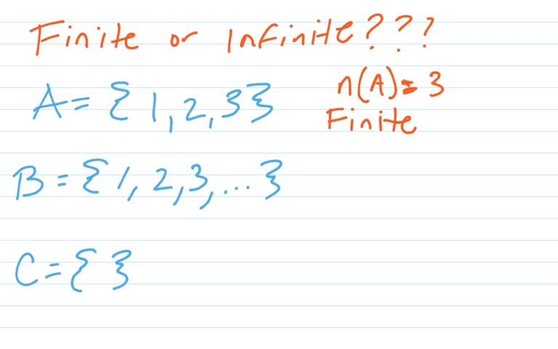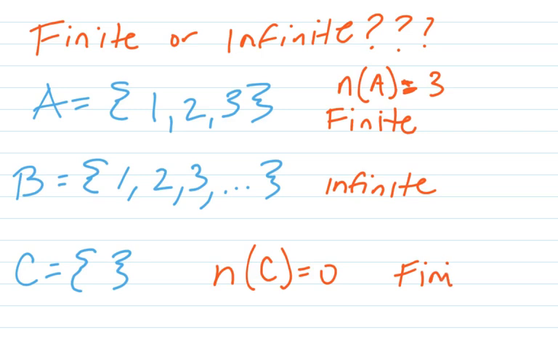The ellipses at the end implies that this is infinite. And then C is equal to the empty set. The empty set has 0 elements. So therefore, this is finite. Okay. So finite versus infinite, hopefully, is a quick thing to be able to determine.